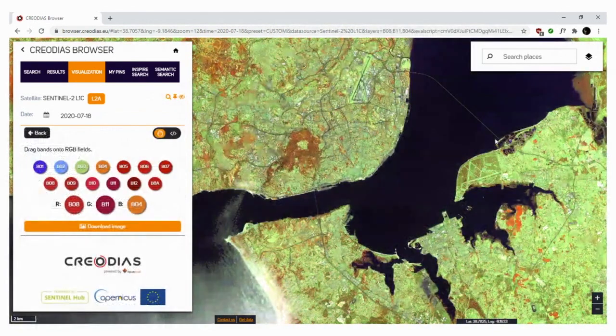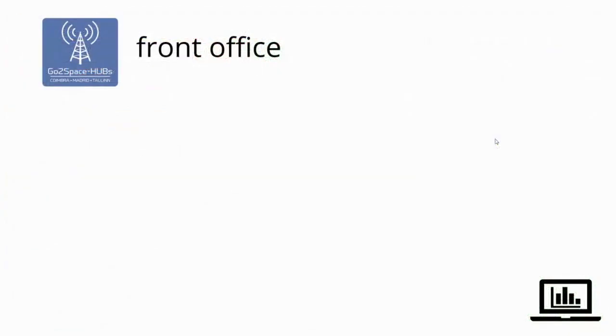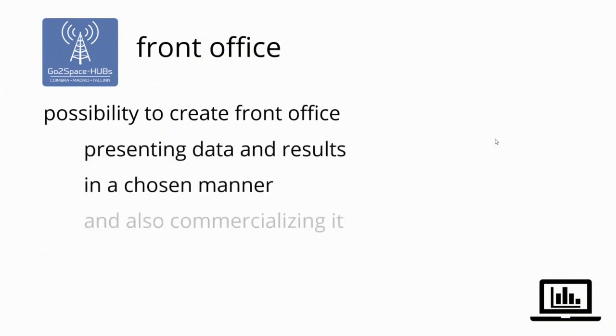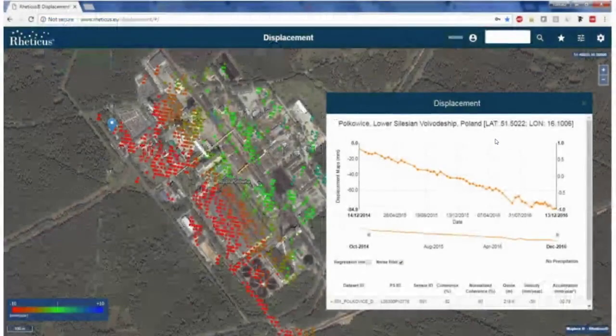But also we can prepare our own band combination, our own color composition. Also we can calculate some indices we want. So it's quite useful to see actually what we need.